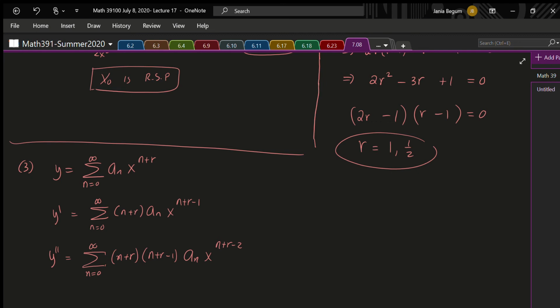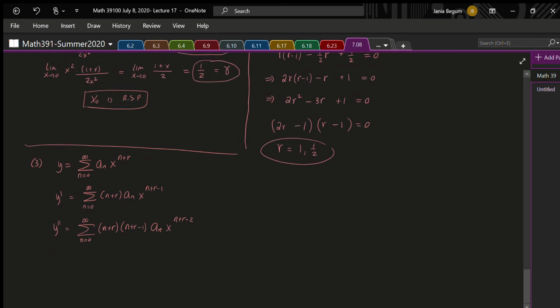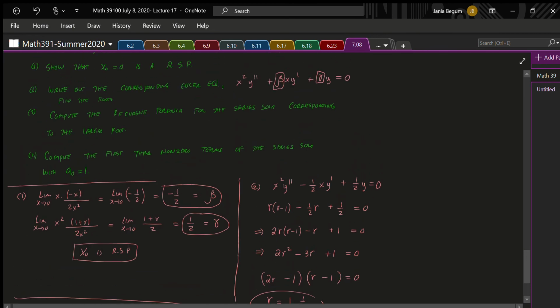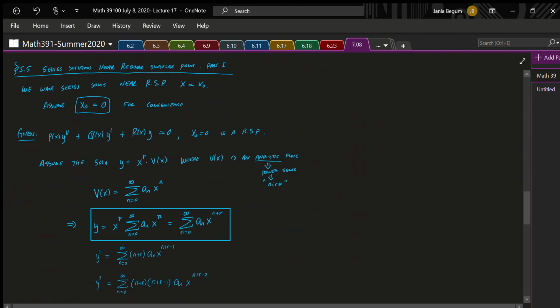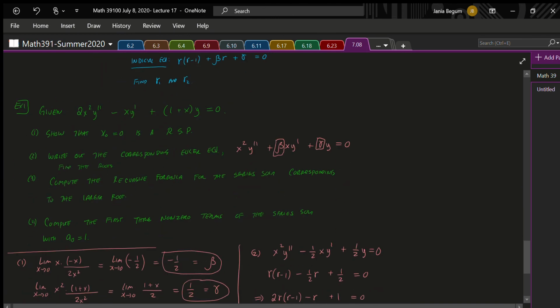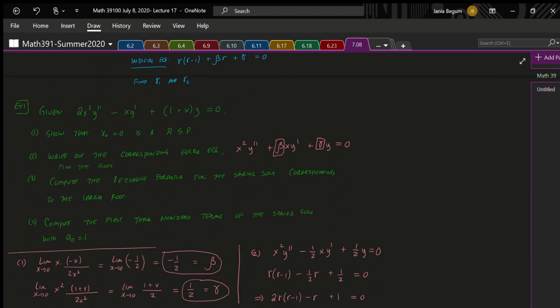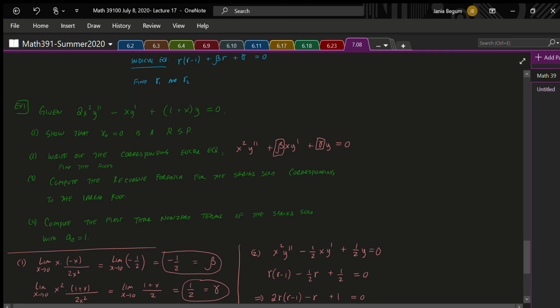Okay, so we're ready to plug this in. Be very patient with yourself when you plug these expressions into the differential equation. I'm just going to go ahead and copy this because it's hard to keep going back and forth. Let me do that for the next few seconds while you meditate on this.